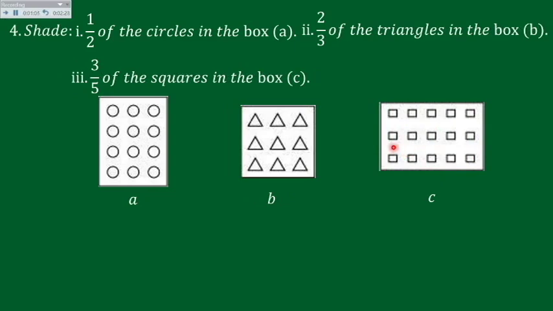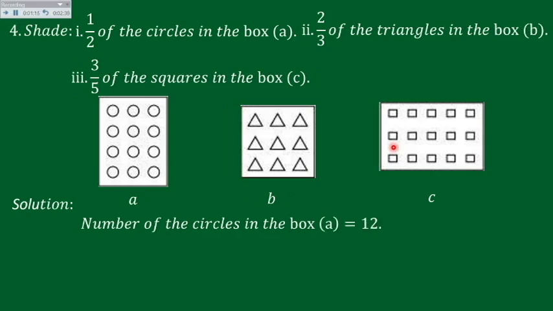First you write the total number of circles. Number of circles are there. How much? 12. In which half of the circles means 1 upon 2 multiplied by 12. Okay, because the total number of circles is 12.